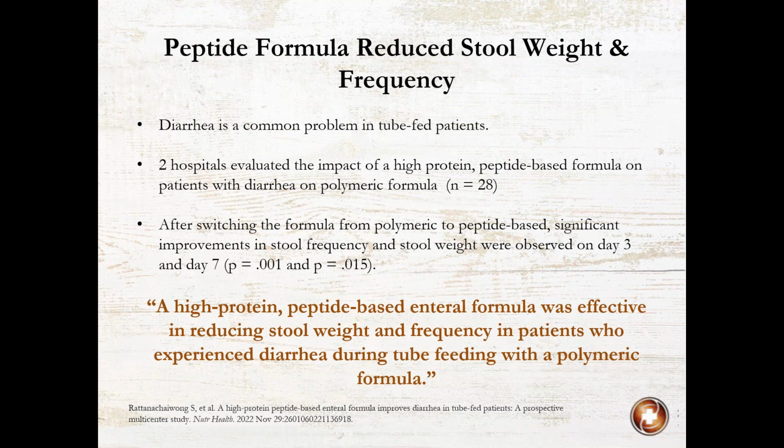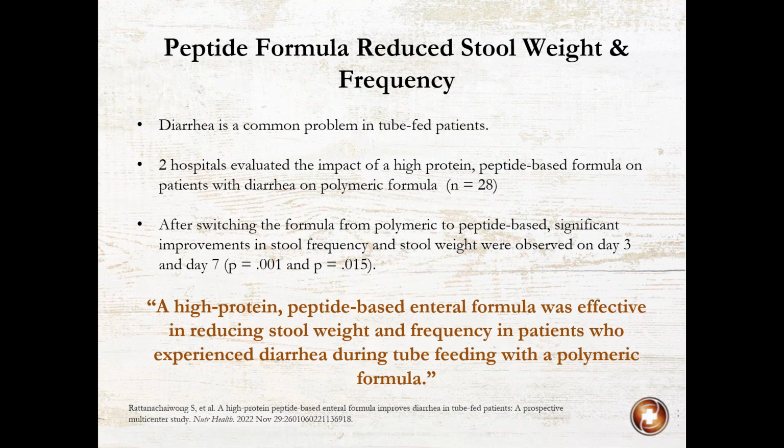After switching from the standard polymeric formula to the peptide-based formulas, they saw significant improvements in stool frequency. The stool frequency improved from 5 stools a day to 3 stools a day.